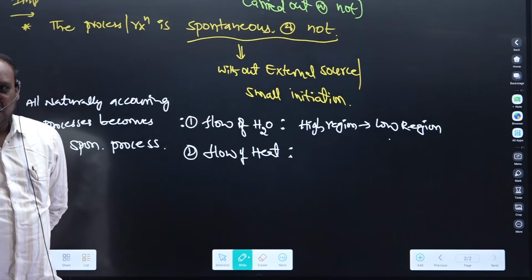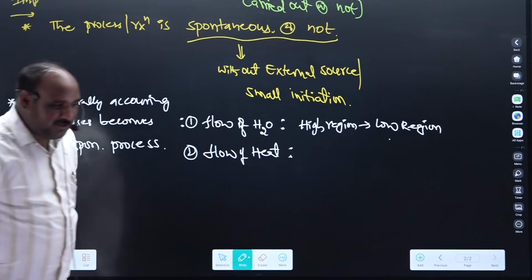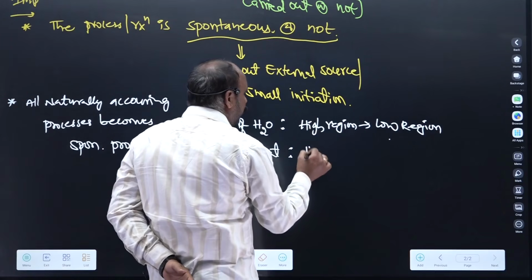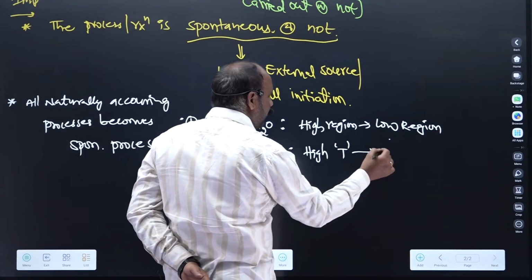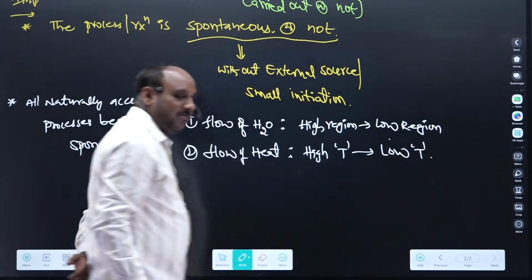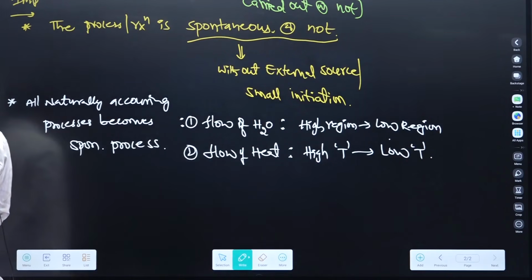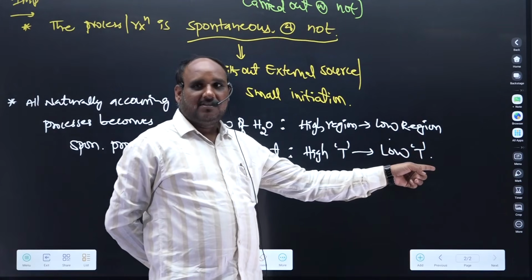Heat will have been transferred, from high temperature to low temperature. That is a naturally occurring process. Can anyone sit here and transfer that heat energy? One of your friends sitting here and transferring that heat energy? No. It is a naturally occurring process. So flow of heat is from high temperature to low temperature.